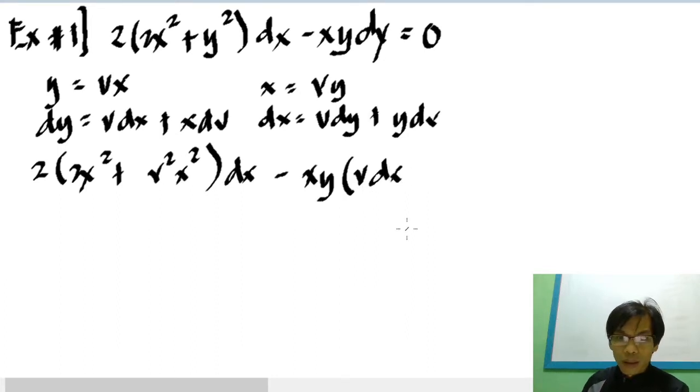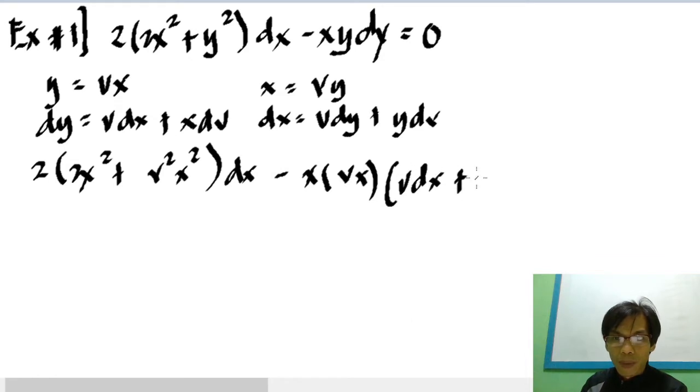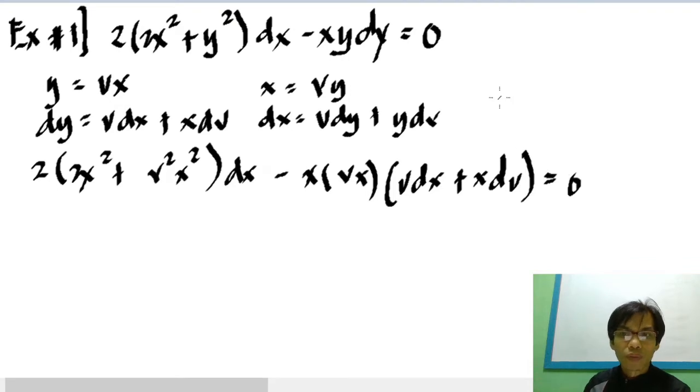Sorry, we have to substitute y in here as well. So that will be vx, right? So vx, and then times v dx plus x dv, and that is equal to 0.